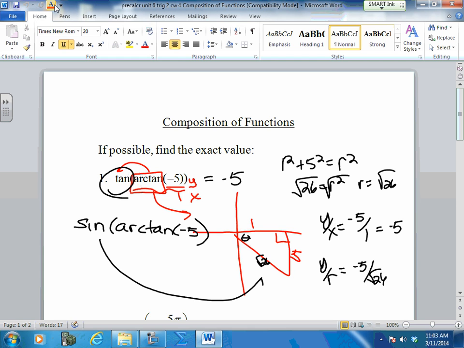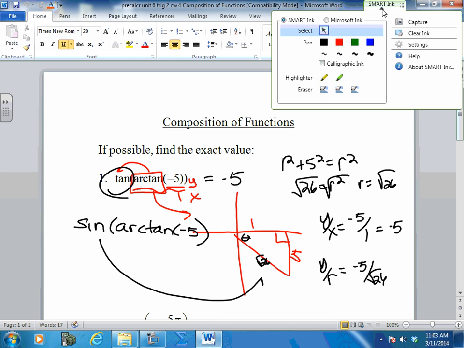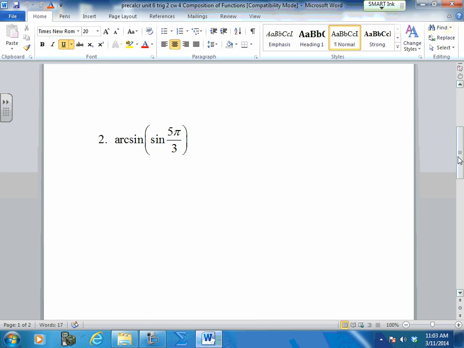Okay? Now, the next one says a little bit differently. What am I looking for? I'm looking for the sine of 5 pi over 3. So let's find this. Where do I locate 5 pi over 3?